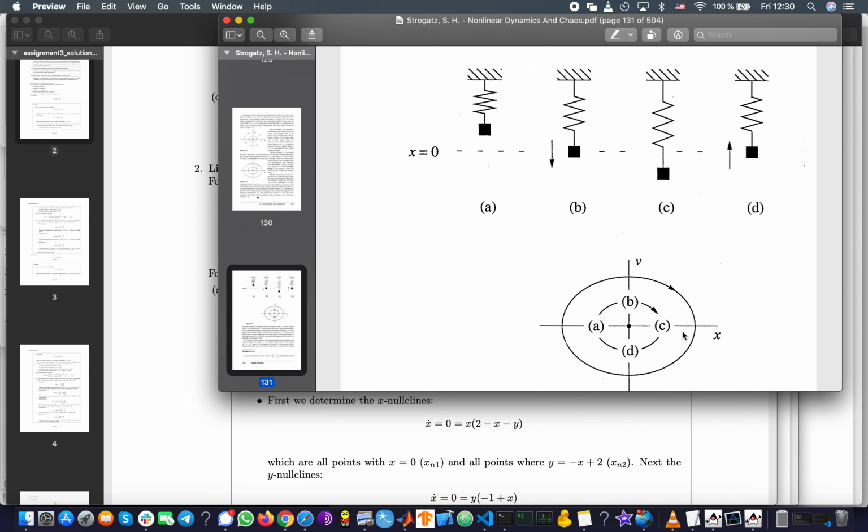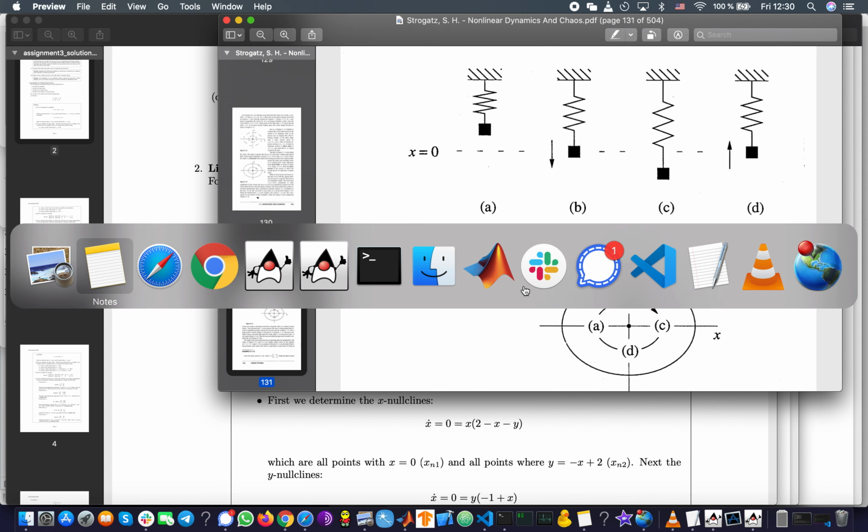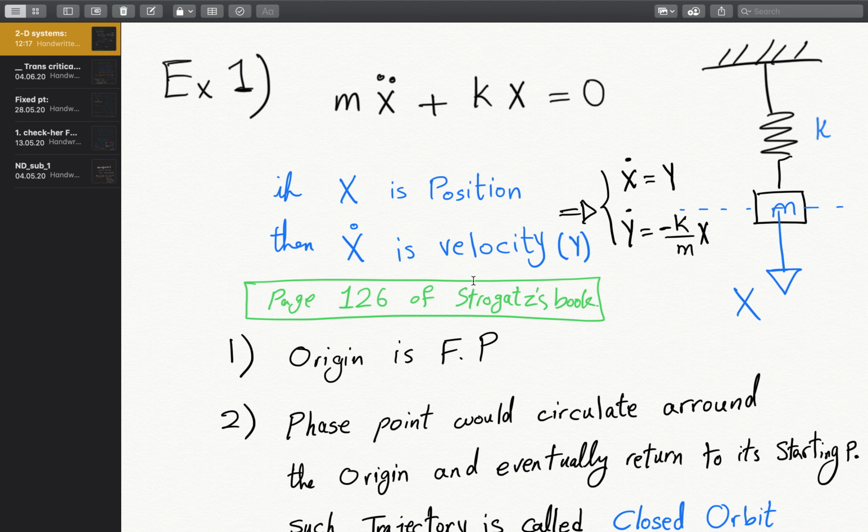But for different values of x, if you just push it or pull it, then you will see a trajectory like this, which we are going to make ourselves now. If you follow those videos that we had, you can write it like this.